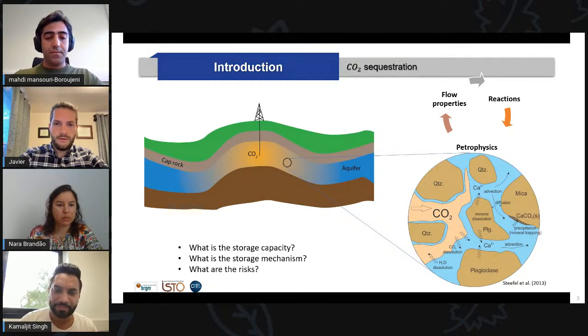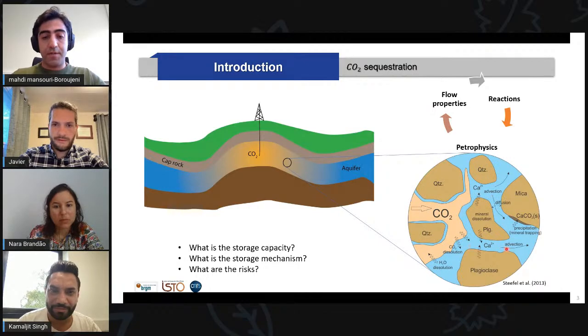To understand these phenomena and answer these questions, we have to look deeply at where this displacement is happening, which is very beautifully depicted by Stifel et al. We can see CO2 displaces the aqueous phase, and with different fluid configurations, CO2 can displace the aqueous phase through each of these capillaries. At each flow path that CO2 takes, it will be in contact with the water and can dissolve into the water.